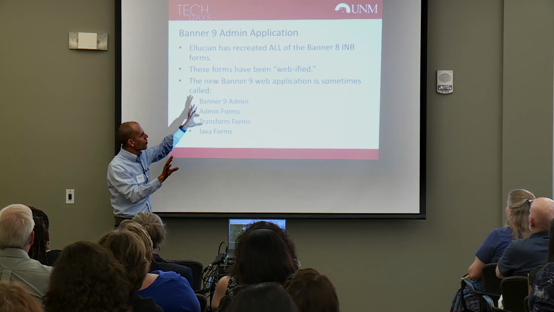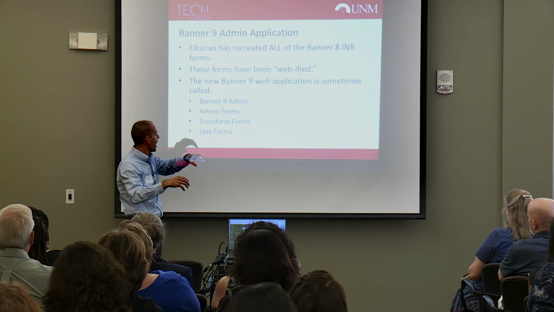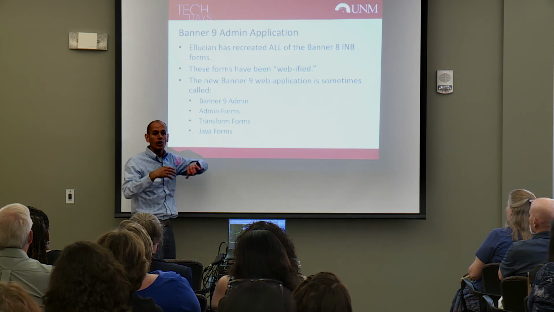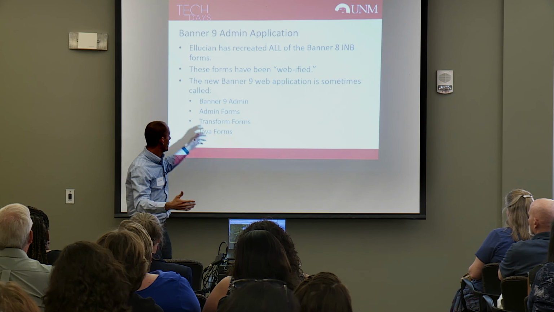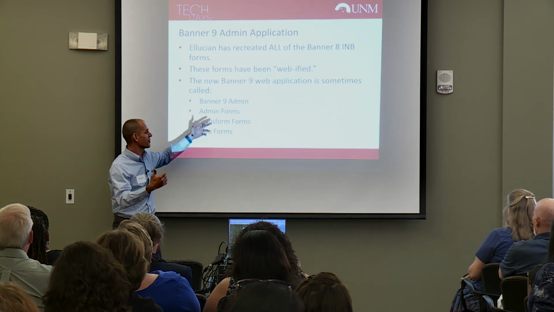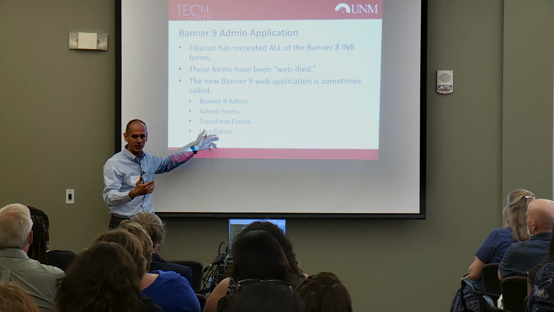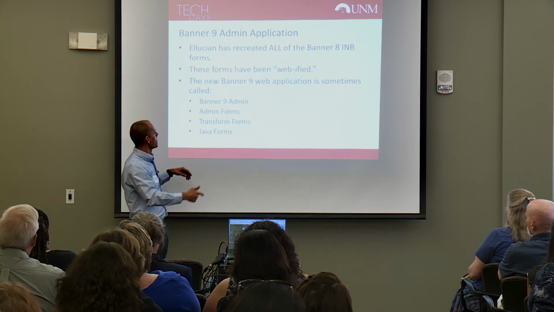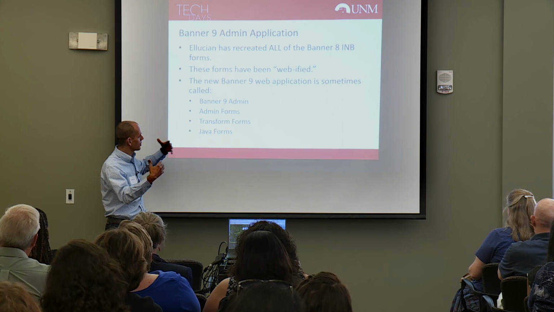The new Banner 9 web application that those forms are going to be found in is called Banner 9 Admin. That's what we're calling it. You might have also heard it called Admin Forms, Transfer Forms, Java Forms. The marketing department at Ellucian does not do a good job, in my opinion. So Banner 9 Admin, that's what we're talking about.